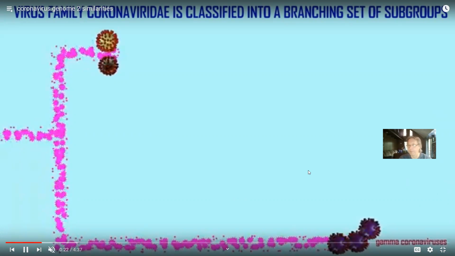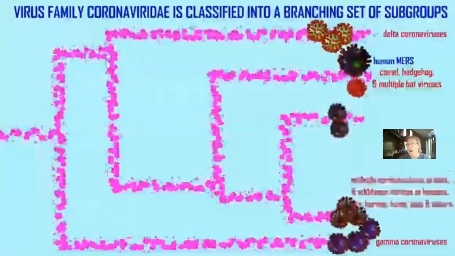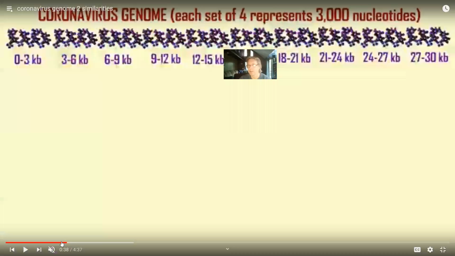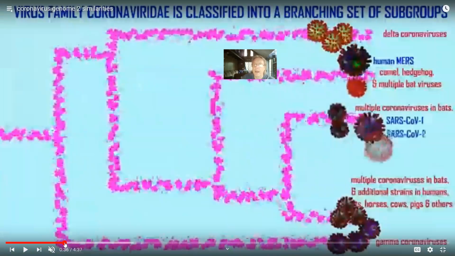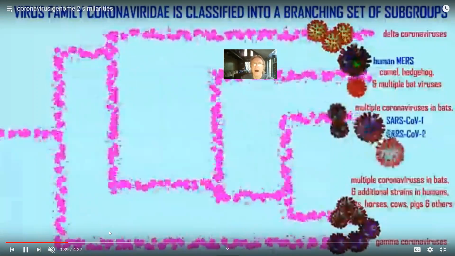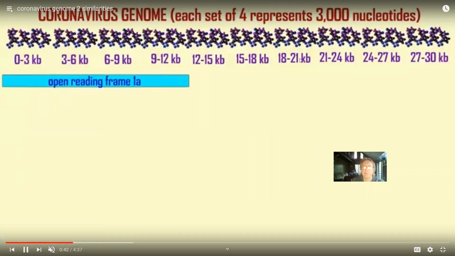So the coronavirus family has evolved and is continuing to evolve new members, some of which infect humans, such as the SARS coronavirus 1, the Middle East respiratory syndrome MERS virus, some coronaviruses which can cause the common cold, and then the coronavirus which causes SARS-2, the COVID-19 virus. And once again, it's RNA.